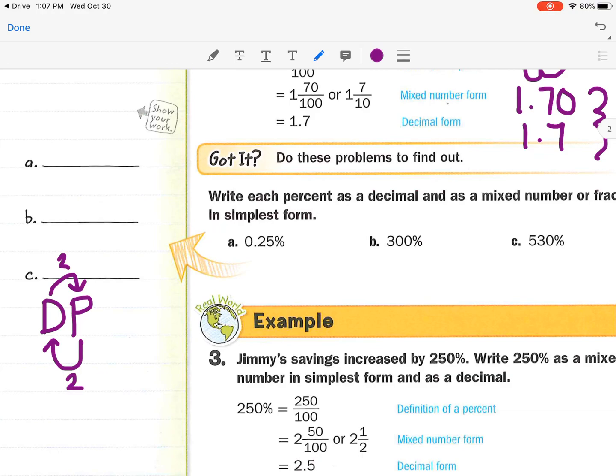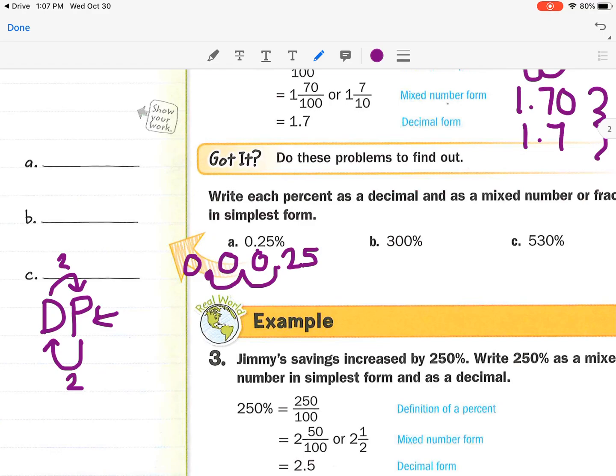So I'm going from a percent to a decimal. So here I have, this right now is a percent. Since I'm going from a percent to a decimal, I'm going to move it 2 places to the left, which gives me 0 and 25/10,000ths.